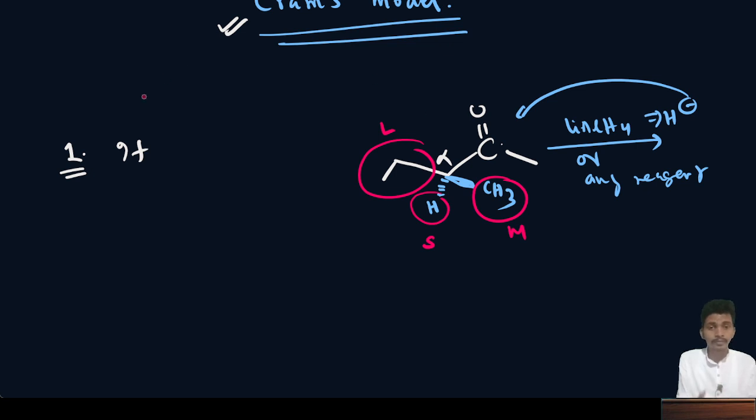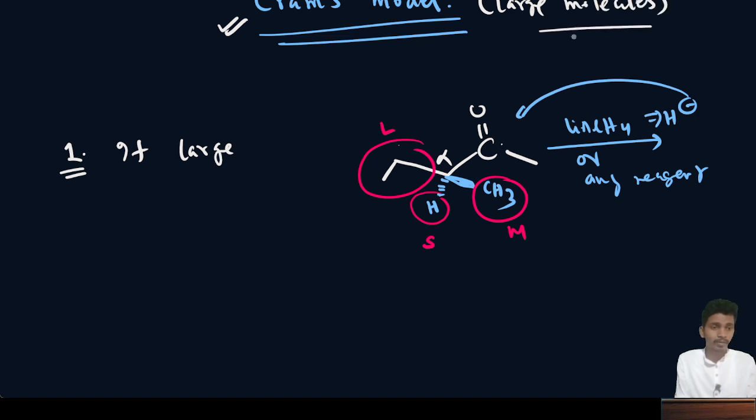Now what does Cram's model say? Cram's model is about the large group.